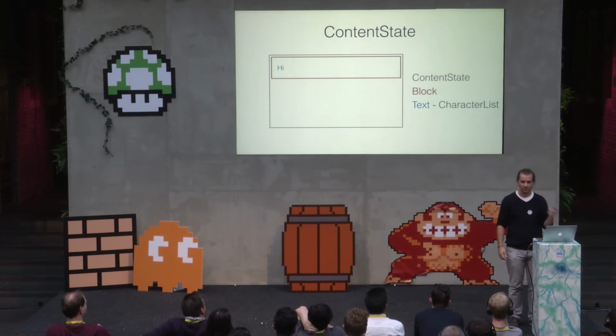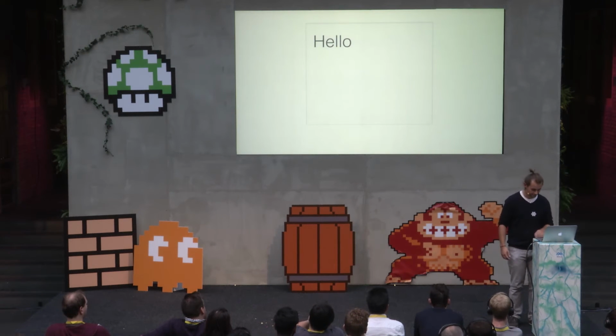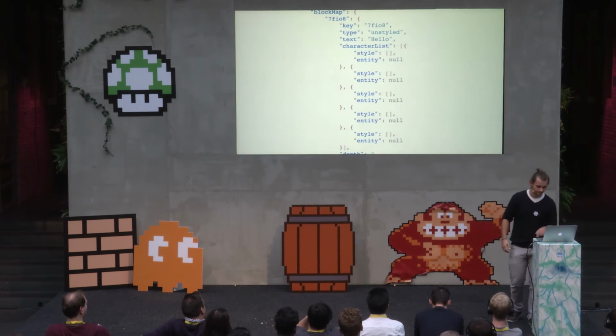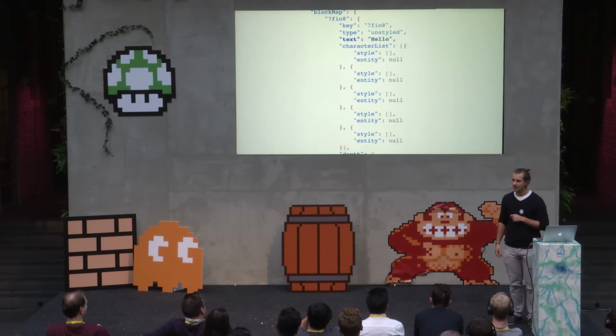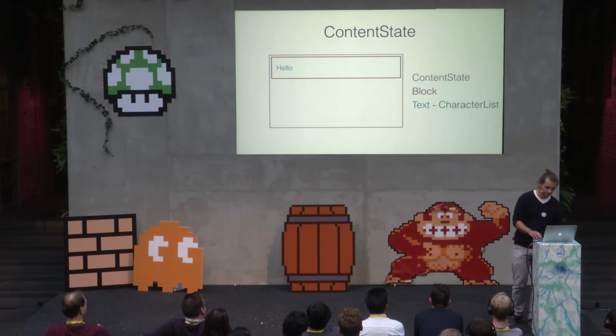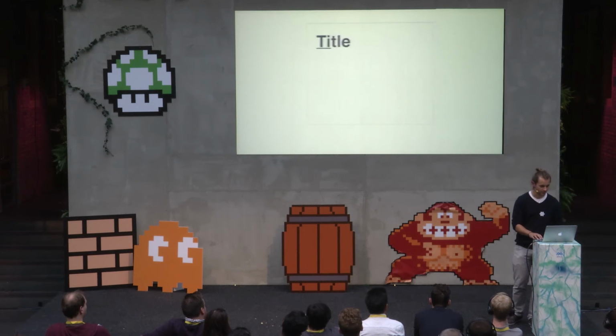All right, so let's break it down again. Content state, we have our block, we have one block, and we have the text with the character list. Just to repeat this, if we do hello, we have our text hello, and for every character, we have an entry within our character list. Pretty cool. Break it down again, pretty simple.